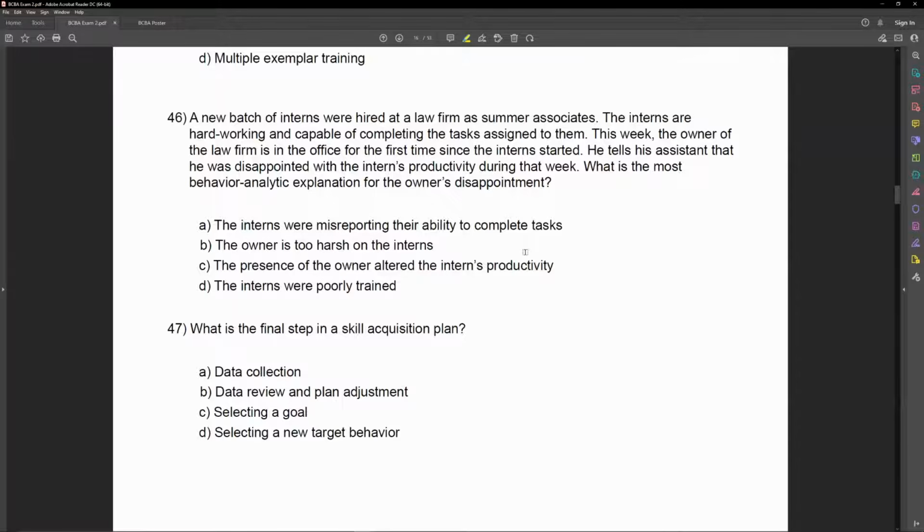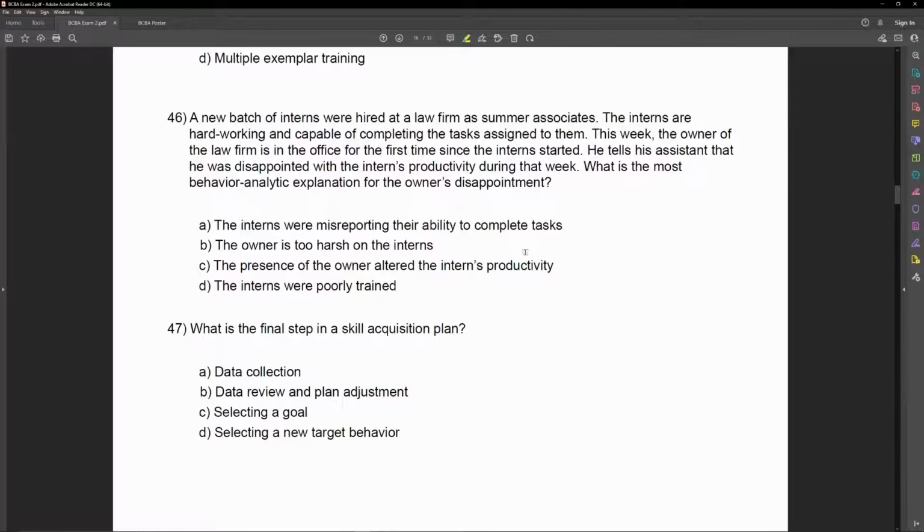We know they're hardworking and capable of completing tasks assigned to them. We know the owner is back in the office for the first time since they started. And now all of a sudden, he's disappointed with their productivity. What changed? Well, the owner is now there. So if the owner is affecting the work or the behavior of his interns, what could possibly be happening?